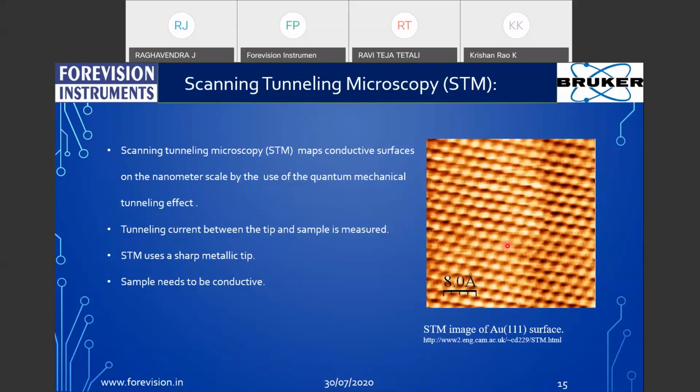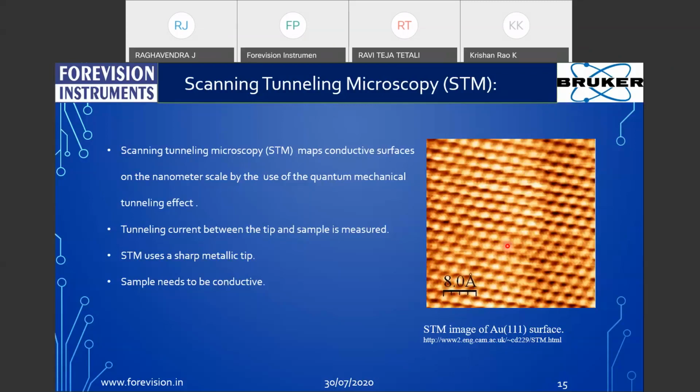The problem with STM is that only if the sample is conductive or a semiconductor will we get the images. But if the conductivity is lower than that of semiconductors, then we cannot image them using STM technology.